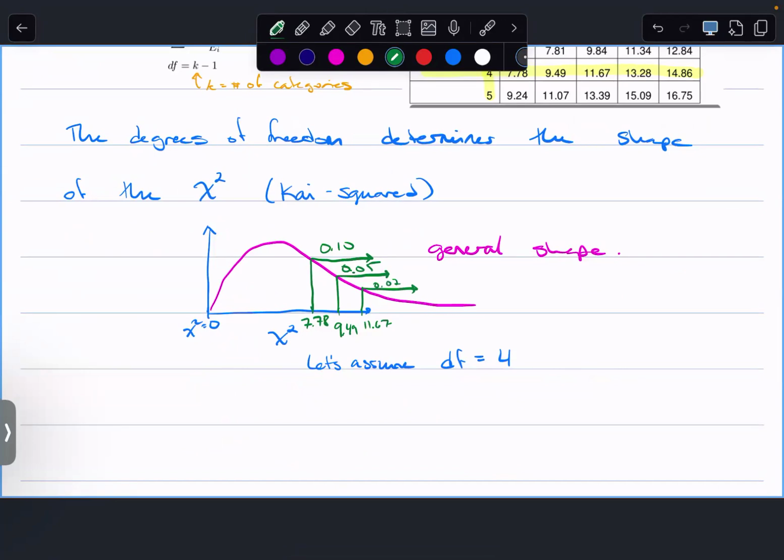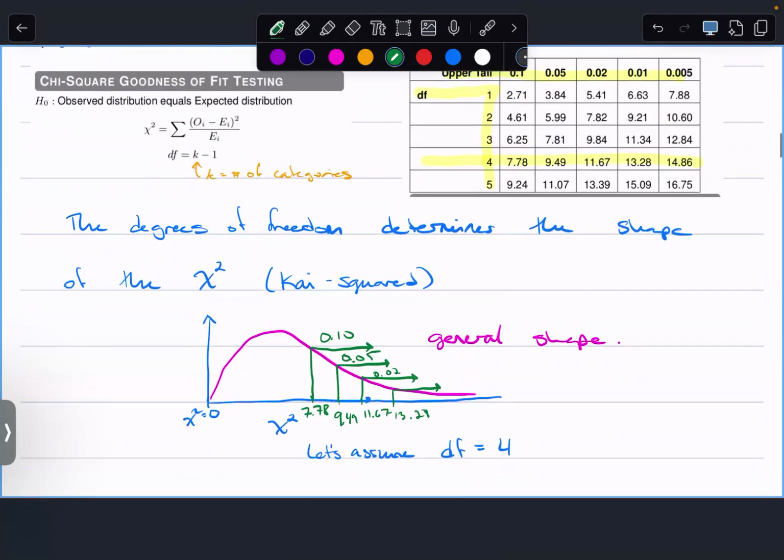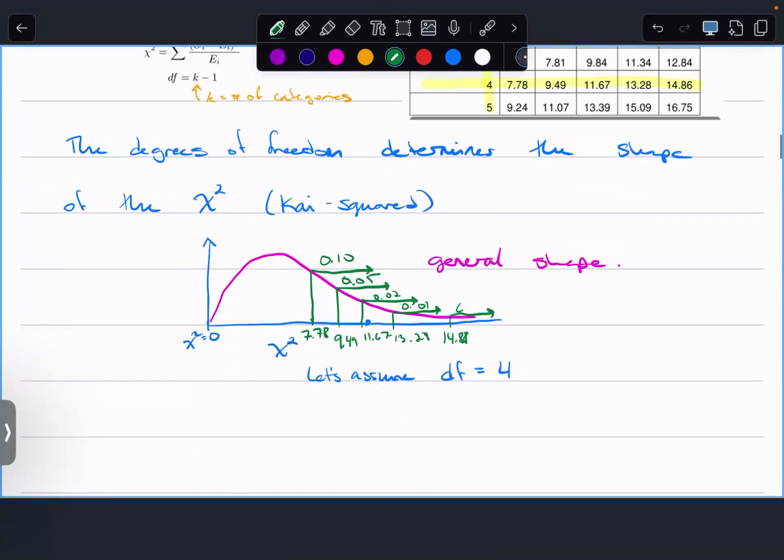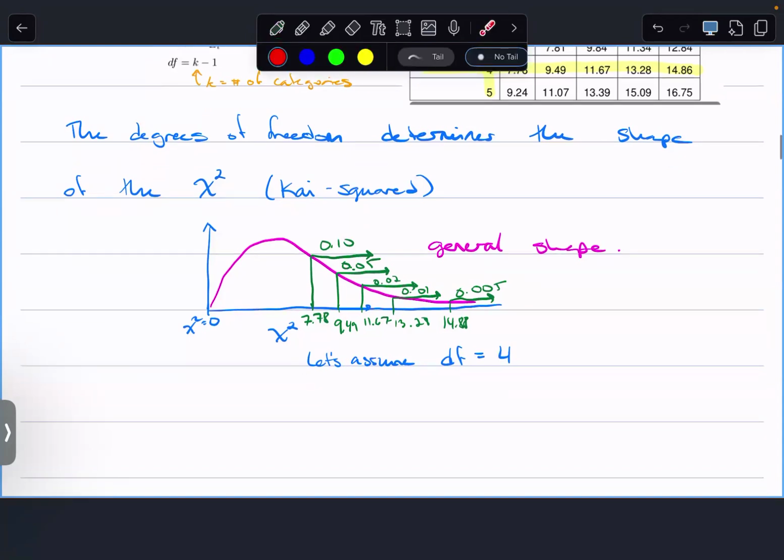And we can move out to 13.28. The area in the tail is 0.01. And then finally, I'll move it out to 14.86. The area in the tail is 0.005. Which means just any chi-squared at 4 degrees of freedom that's larger than 14.86, well, the area in the tail is less than 0.005, and that's enough, right?